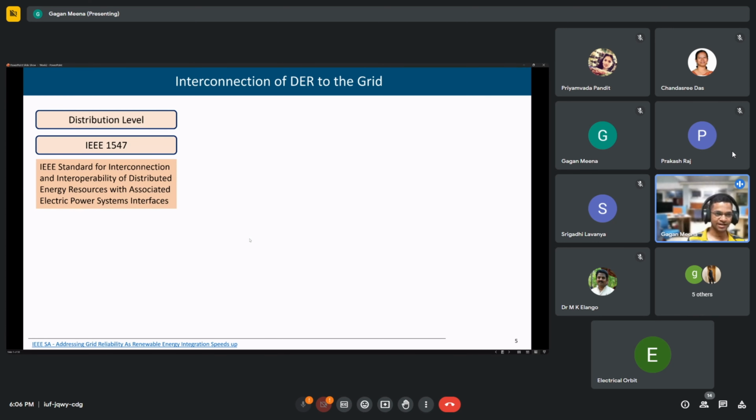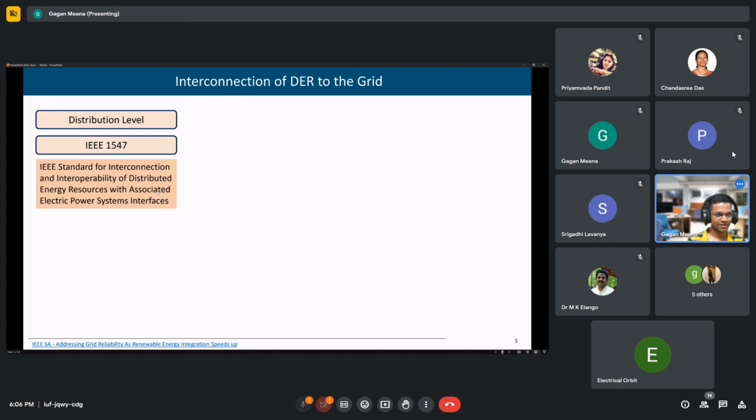The standard for that is IEEE 1547. The full name is Standard for Interconnection and Interoperability of Distributed Energy Resources with Associated Electric Power System Interfaces. This is mainly meant for distribution level, for microgrids, not for transmission system.